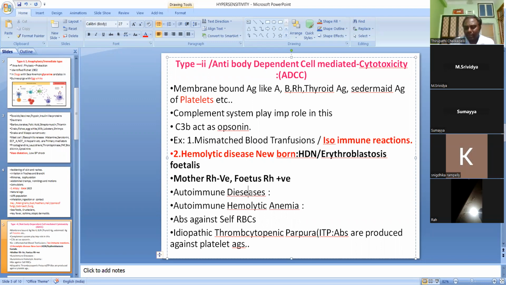These IgM antibodies cannot cross the placental barrier, so they cannot enter the fetal circulation, and the first child will be normal.